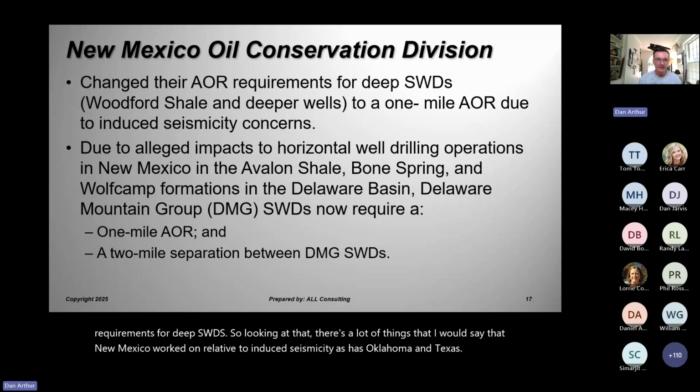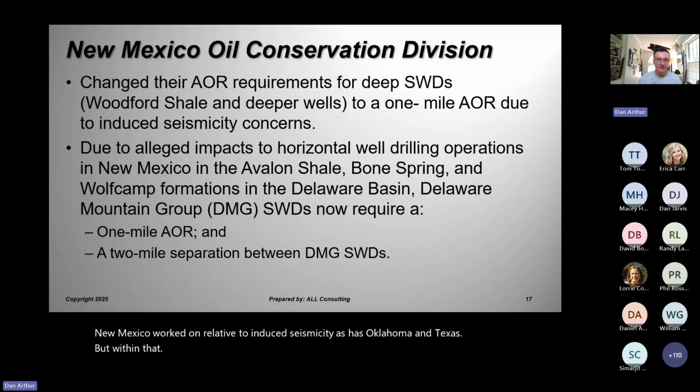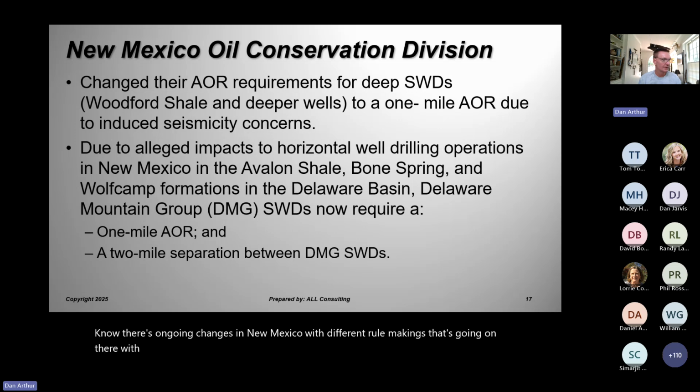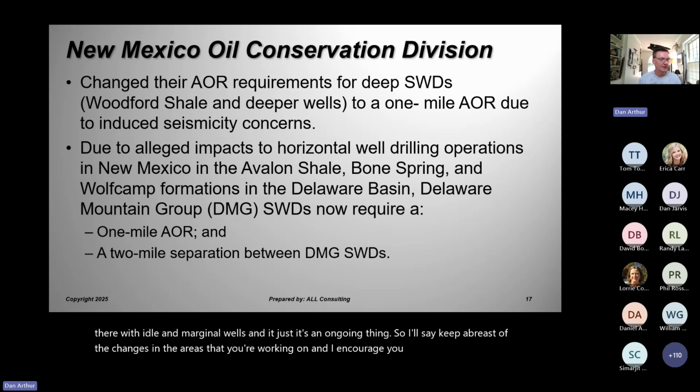But within that, there are ongoing changes in New Mexico, with different rulemakings going on with idle and marginal wells, and it's an ongoing thing. So I would say keep abreast of the changes in the areas that you're working on, and I encourage you to be engaged in those rulemaking modifications because they're constant.